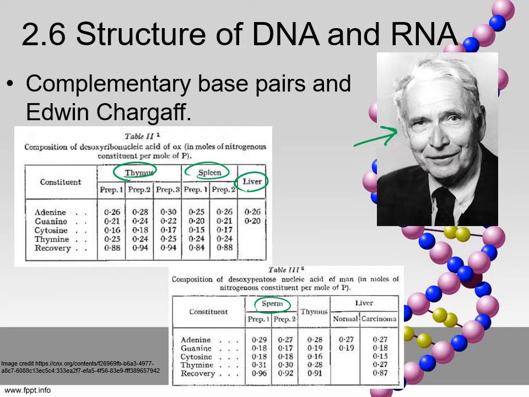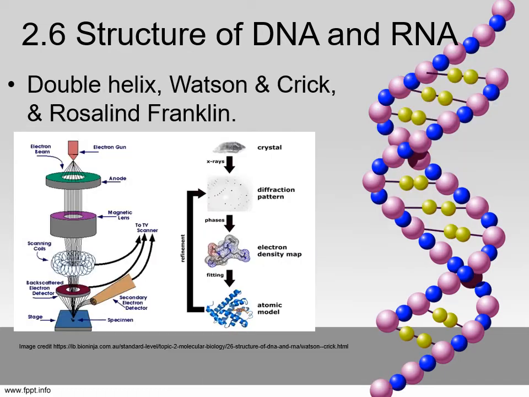And he found that the numbers were pretty similar, adenine and thymine, guanine and cytosine. Not exactly the same, but pretty similar. And that was true across all the different samples that he looked at. And so he deduced that adenine and thymine must pair up together, cytosine and guanine must pair up together.